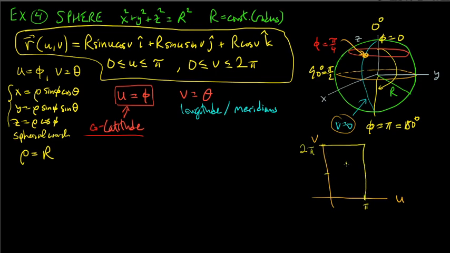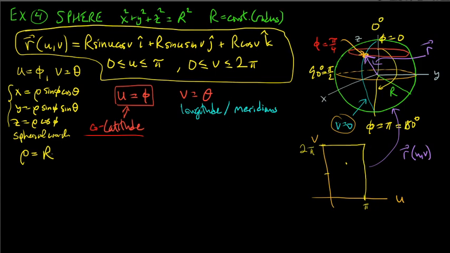So every point on the rectangle corresponds to a point on the sphere, by this parameterization, this R here. This maps points u and v to a point, or a vector from the origin. I should use a vector here. So this is the vector R on the sphere, right?